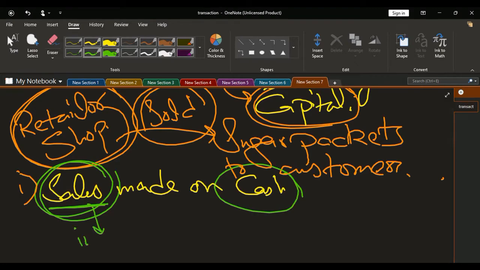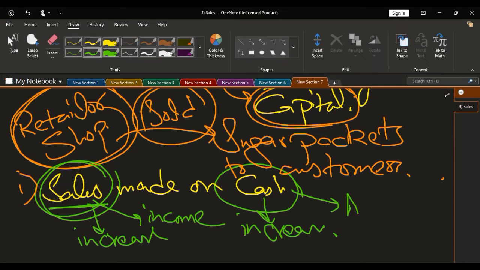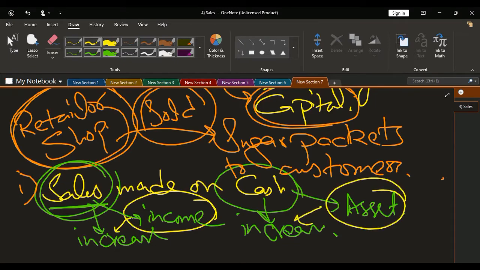Business sale will increase, and cash is also received from the customer at the time of sale. Therefore, the existing cash in the business drawer will also increase. Sales is an income and cash is an asset. So on one side, business income is increasing, and on other side, business assets are increasing.